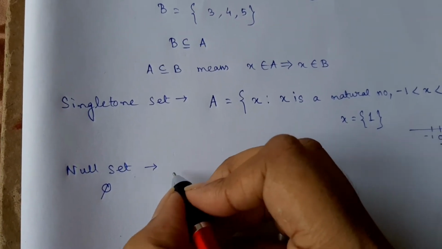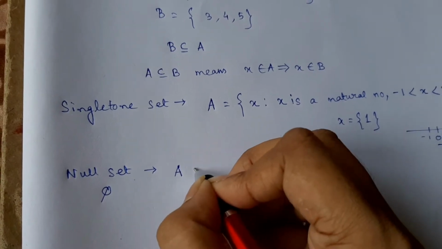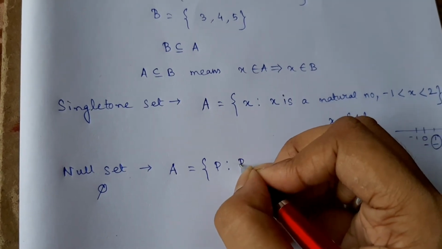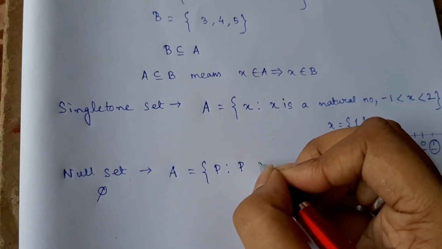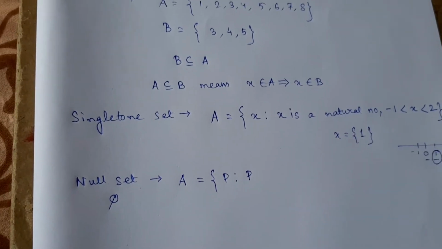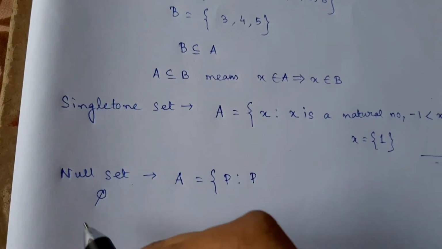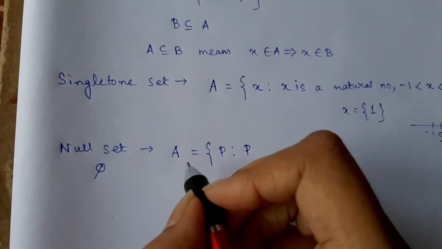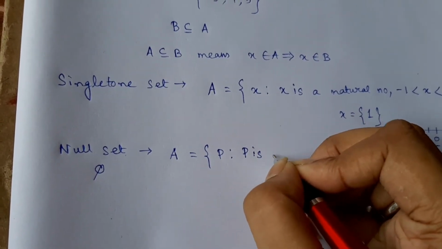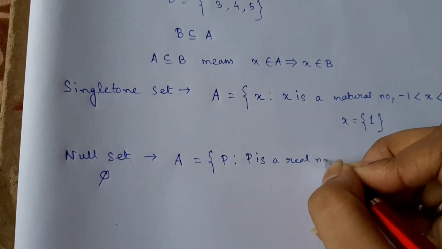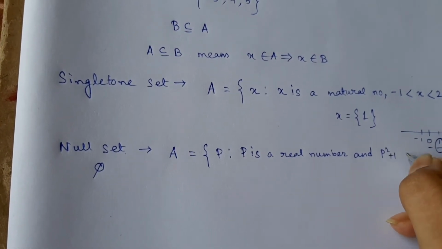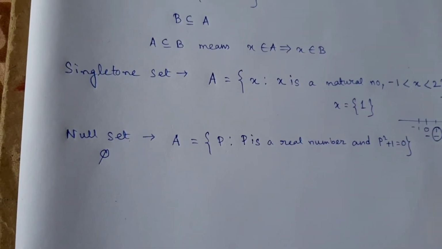Let us take an example. A equals P such that P is a real number and P square plus 1 equals 0. Okay.